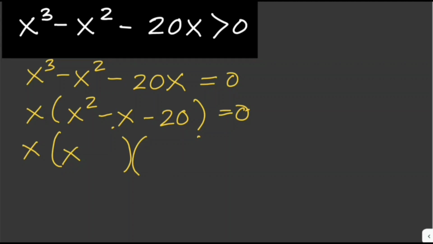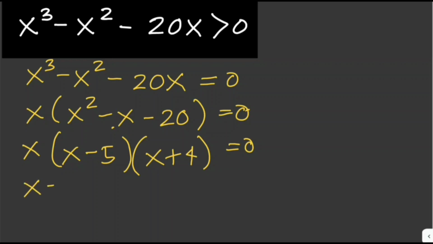So that would be 5 and 4. Since the coefficient of the middle term is negative, the larger number should be negative. So this is x minus 5, x plus 4.